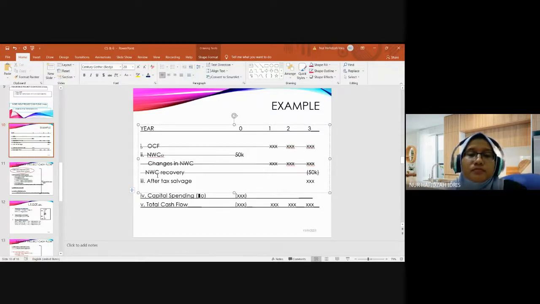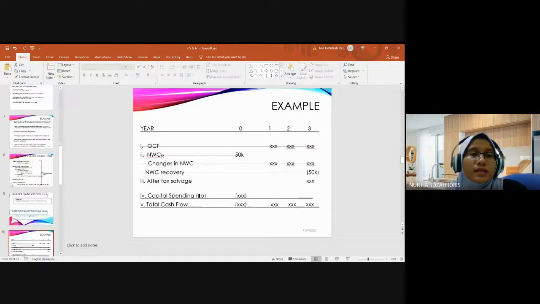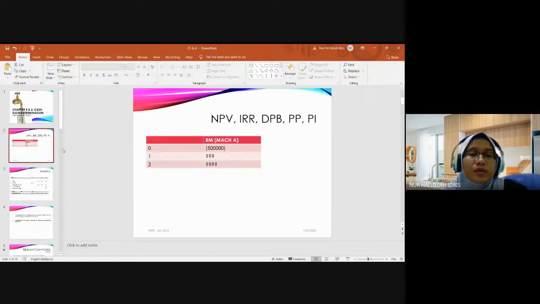Okay. So this is after tax salvage. The third one is the after tax salvage. So what do you mean by after tax salvage? Contohnya macam ni. I kata tadi at the end of the project, cost machine ni 500,000.